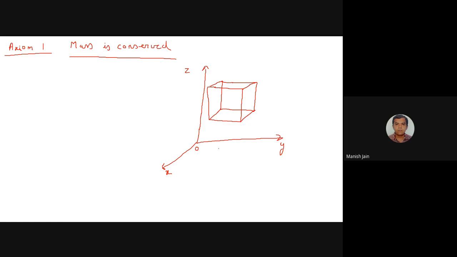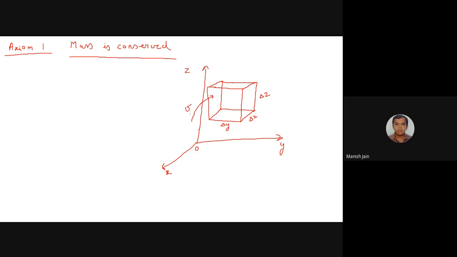Okay. So this is the x-axis, this is y-axis, this is z-axis. In the x-axis, thickness of the control volume is delta x. In the y-axis, thickness of the control volume is delta y. In the z direction, the thickness of the control volume is delta z. Okay. And suppose the velocity of fluid is v.